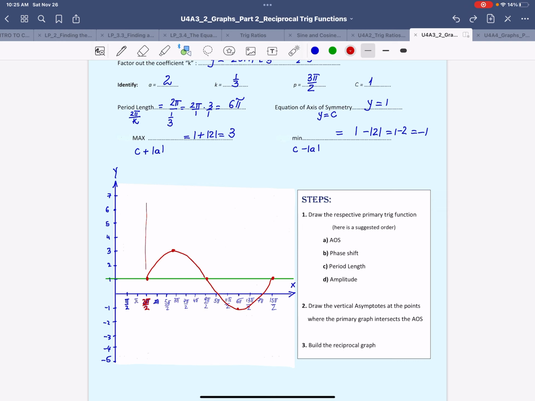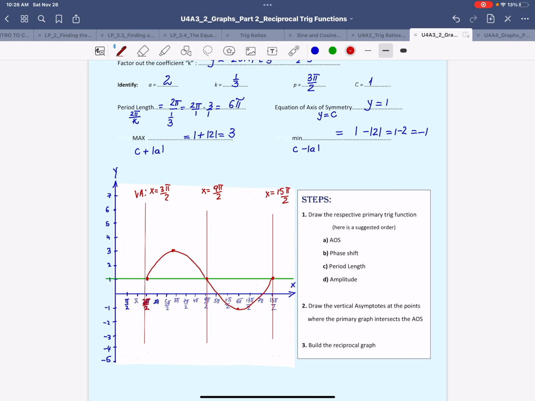So let me draw them here nicely. Good enough. Here we go. And one more. Oh, I don't like this. So maybe here. That's better. Okay, so the vertical asymptotes are at x equals 3 pi over 2, x equals 9 pi over 2, and x equals 15 pi over 2.